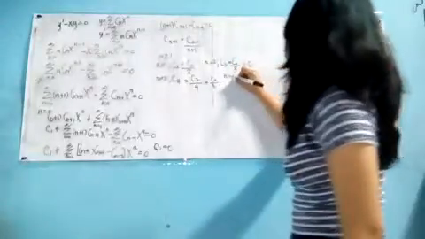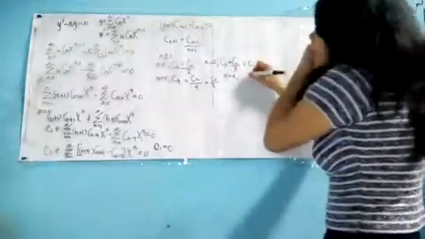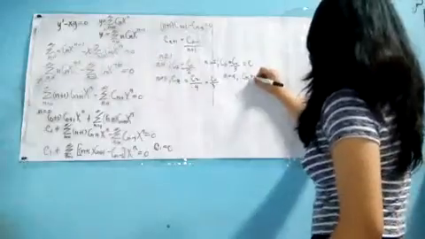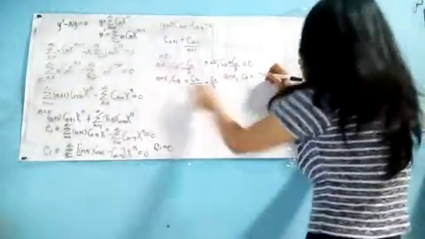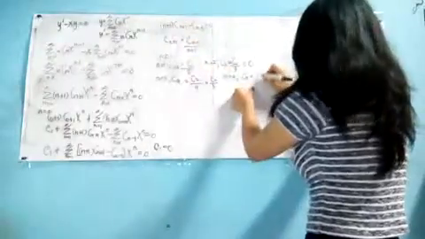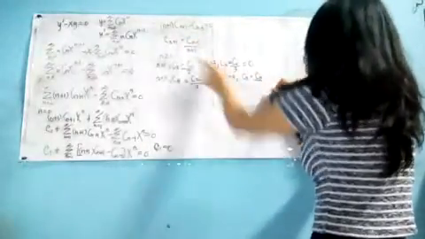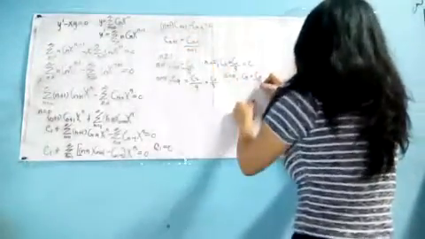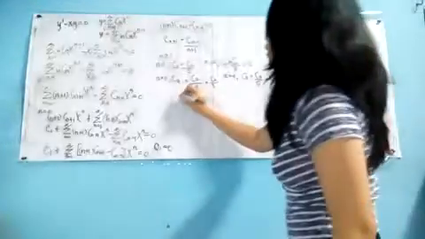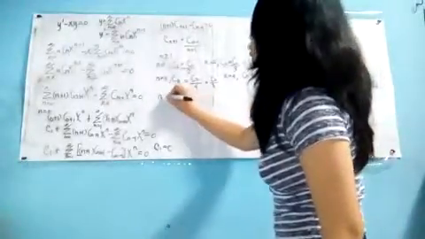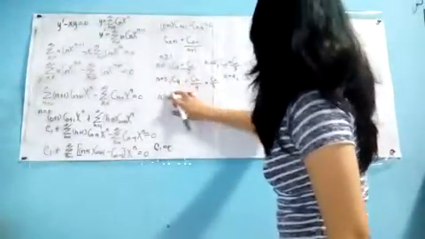Then n is equal to 4. c5 is equal to c3 over 5, since 4 minus 1 is 3 and 4 plus 1 is 5. And our c3 is 0, so it will become 0.